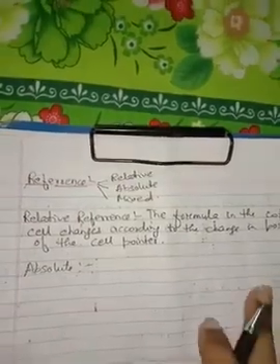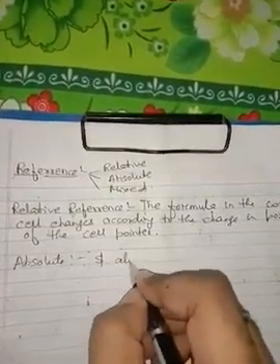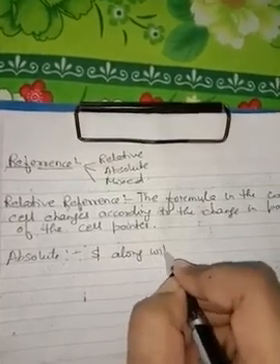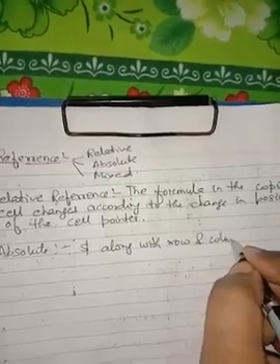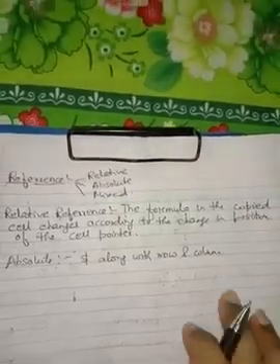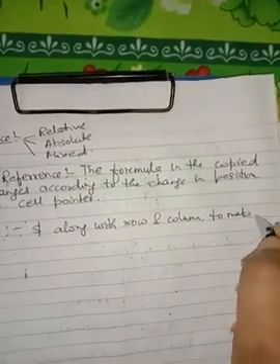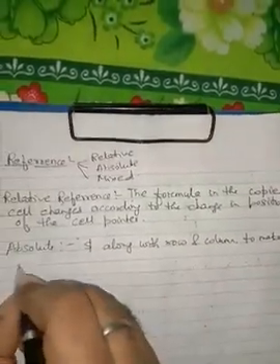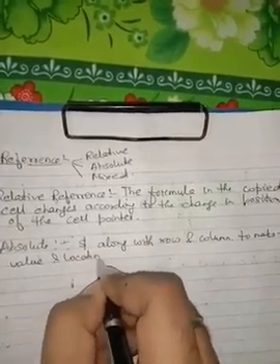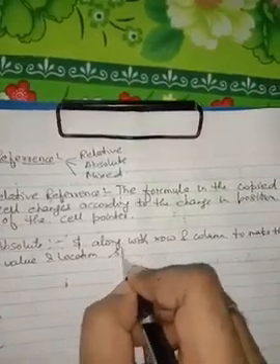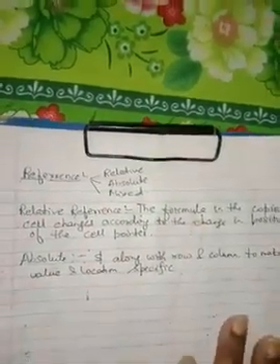In absolute reference, generally we put a dollar sign along with row and column to make it fixed. Why do we put it? To make the value and location specific so that it does not change when we copy it.